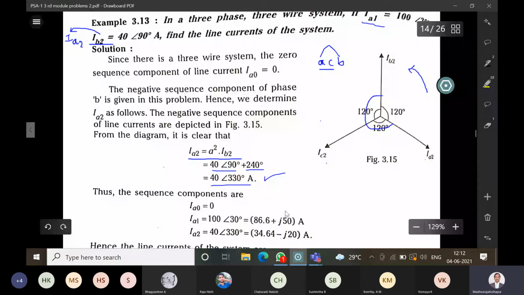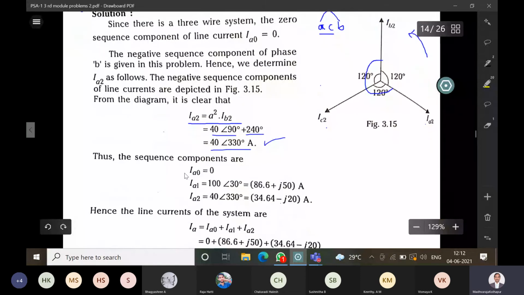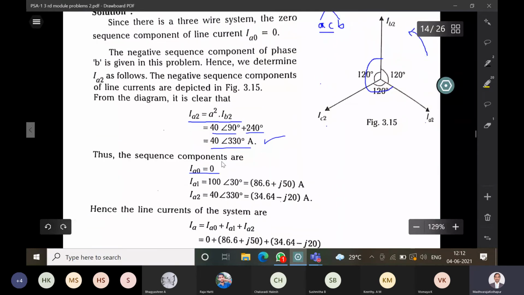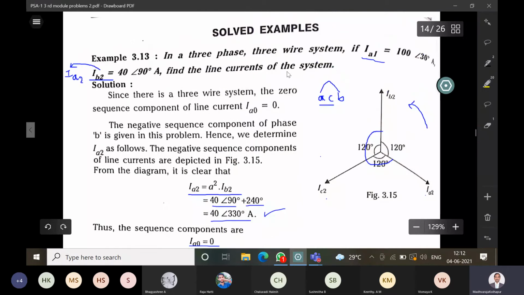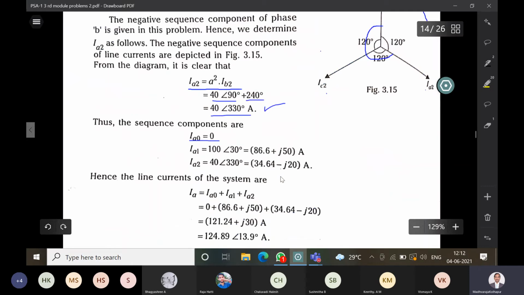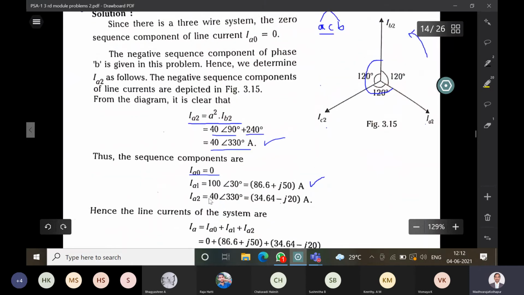So thus the sequence components are small IA0, IA1 and IA2. Line current IA0 is 0, and IA1 is equal to 100 at an angle 30, that is given, and IA2 just calculated, 40 at an angle 330.